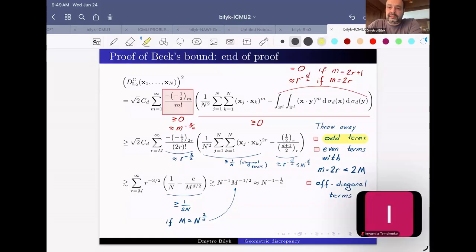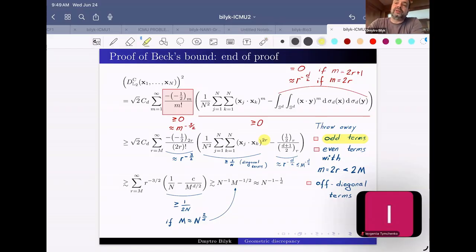So that is reflected here. I'm keeping only the even powers. For the odd terms, I just know that this quantity is bounded below by 0, so I throw it away. Now what else do I do?